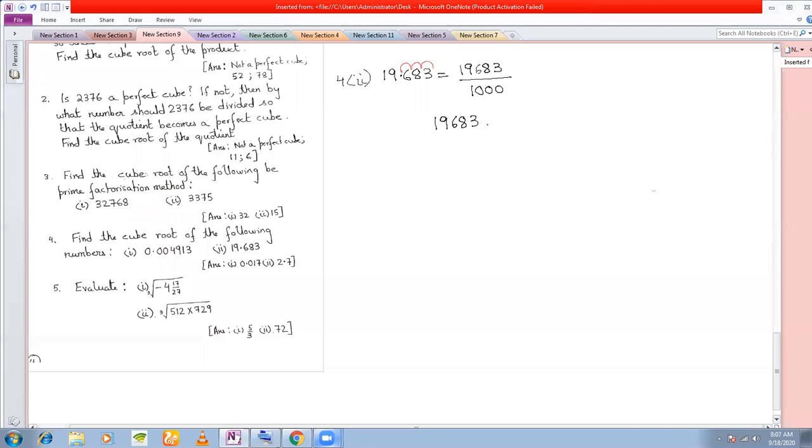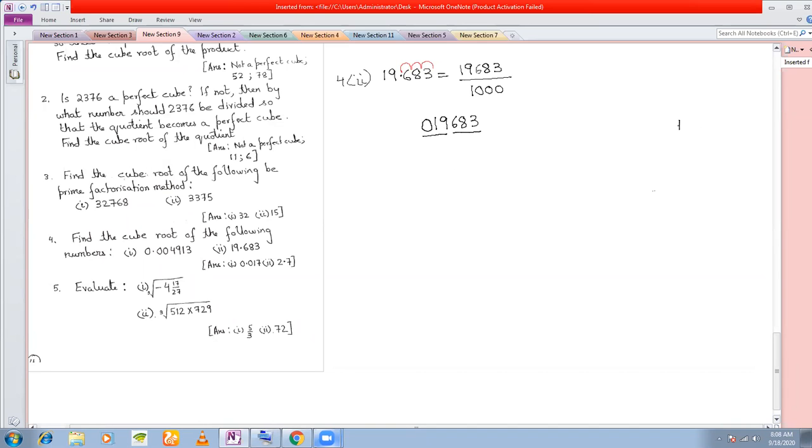19683. We group the numbers in threes. This is one group, and you add a 0. This becomes the other group. Okay, in groups of threes.